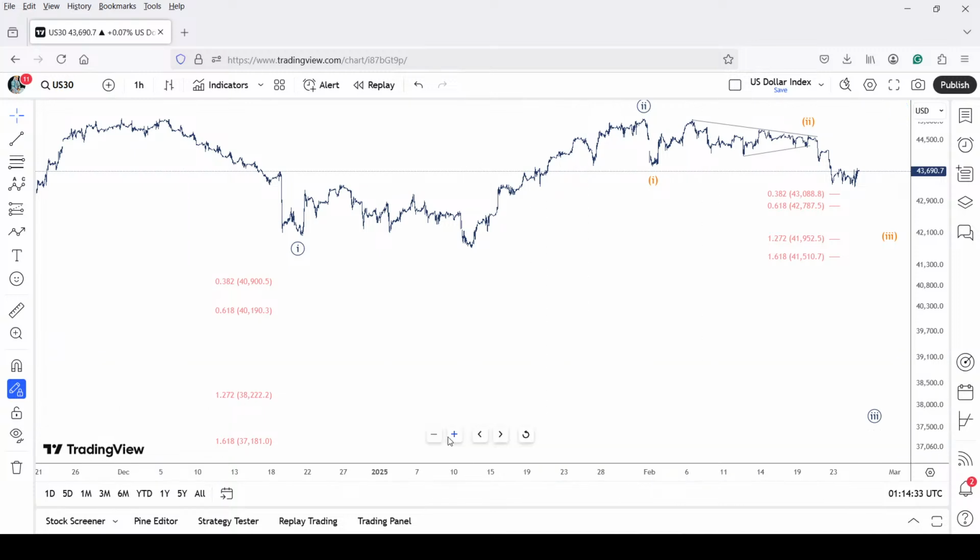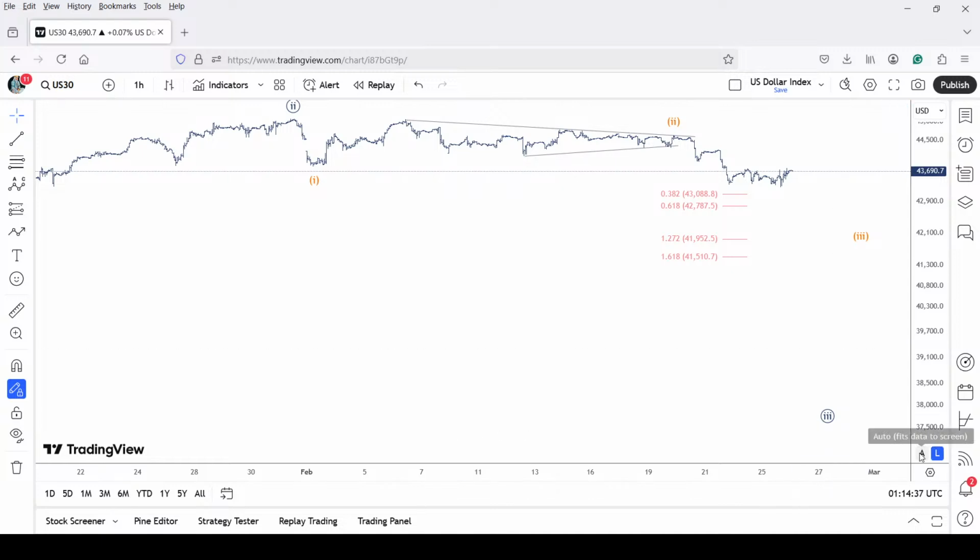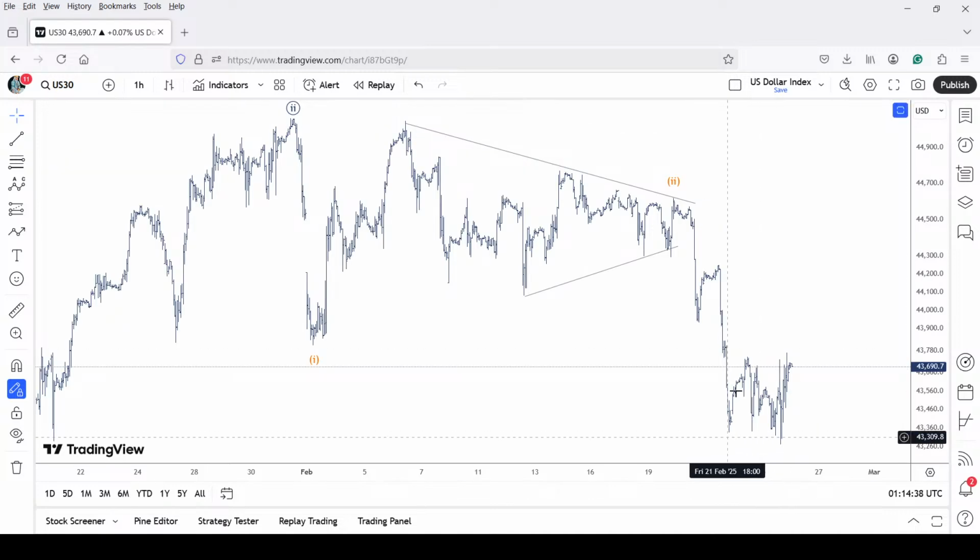It's possibly a potential wave 4 in the making, a triangle wave 4, A, B, C, or possible wave 4 sideways. So let's stay put on the short side. Nothing to change right now in the Dow Jones. We'll be looking to add further if the rally continues higher.